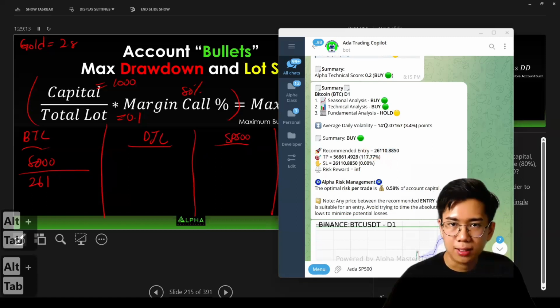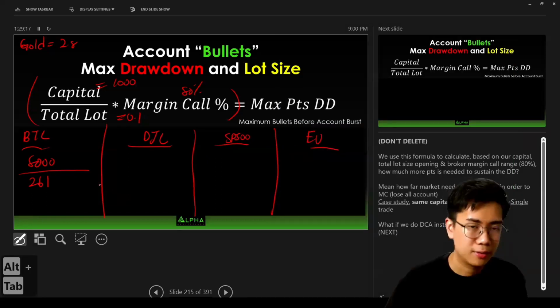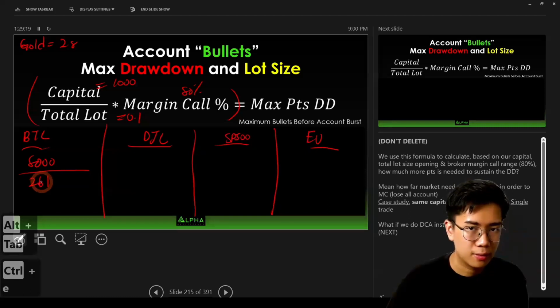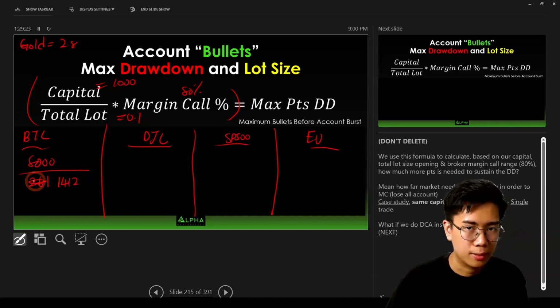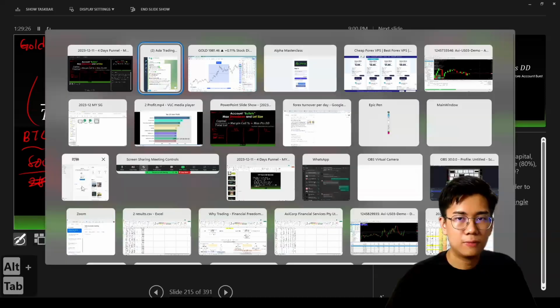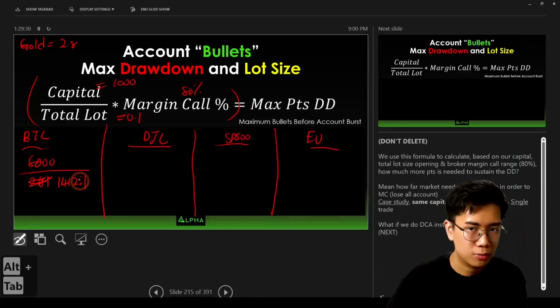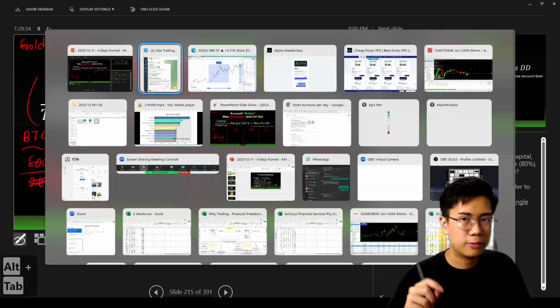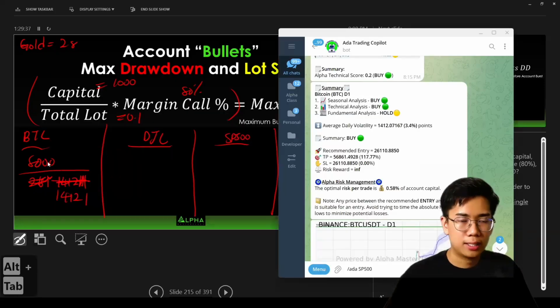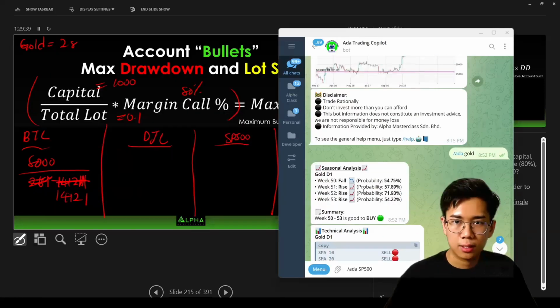No, this is the recommended one. It is 1412.1. Okay, if there is any decimal, we convert it, so it's 14121. Okay, can anyone help me calculate this first for Bitcoin? 8,000 divided by 14121.